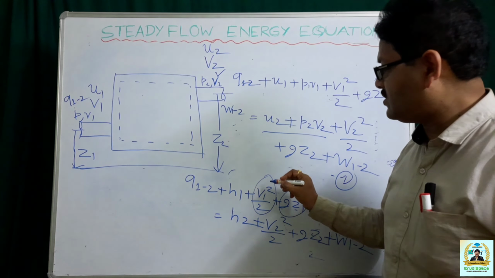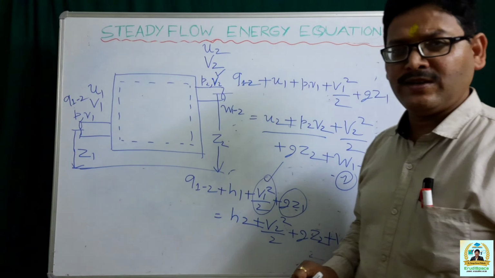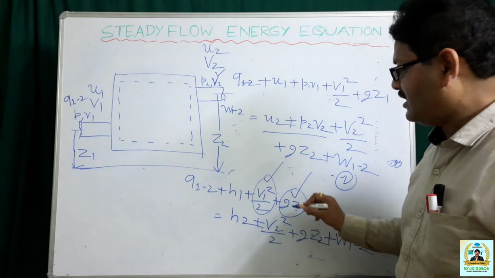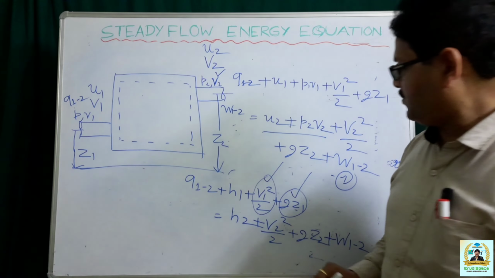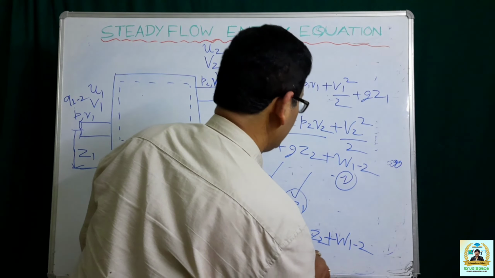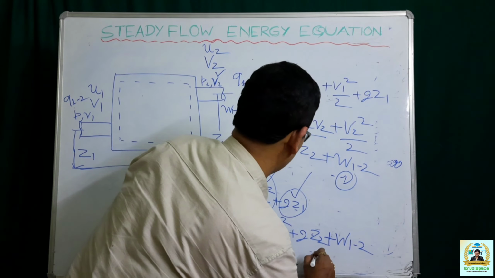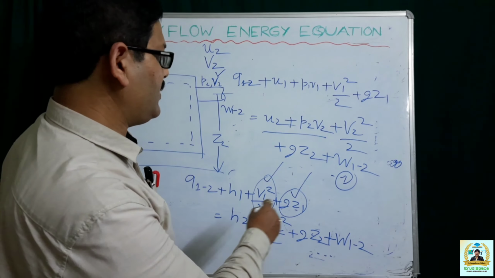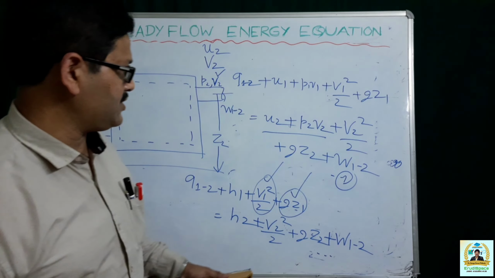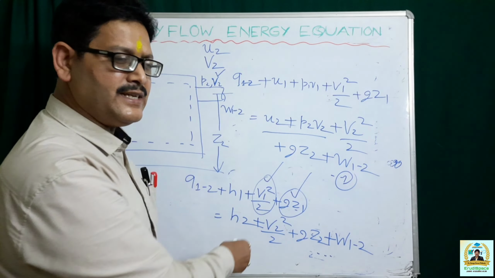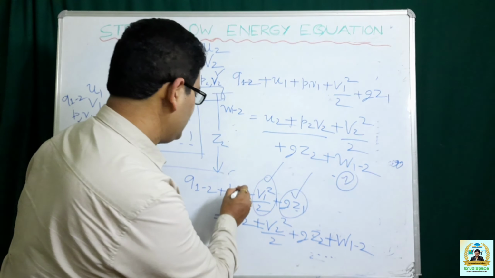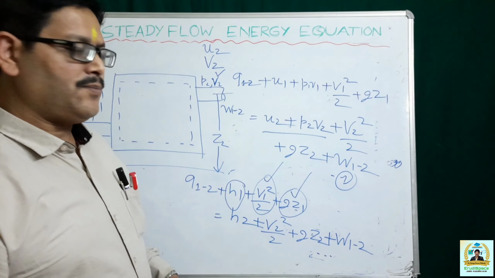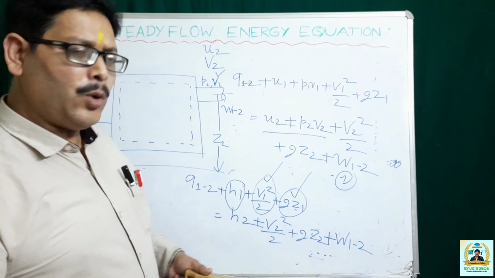But here, as we are considering specific kinetic energy and specific potential energy, we are using these terms. So this you can say is an expression for the steady flow energy equation, and both represent the same thing; only H1 is substituting the internal energy plus the flow energy.